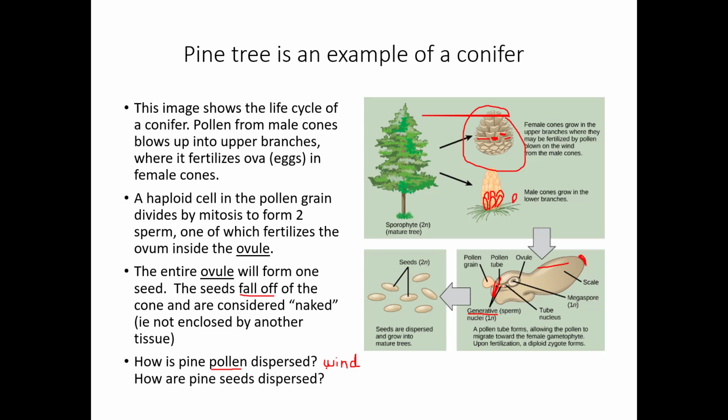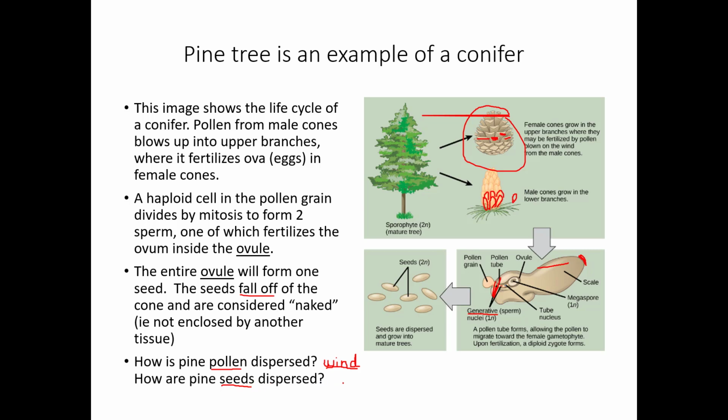And so wind pollination means that plant needs to have a lot of pollen. That's why people have a lot of allergies to pine pollen, because the pine trees will put out a lot of pollen.